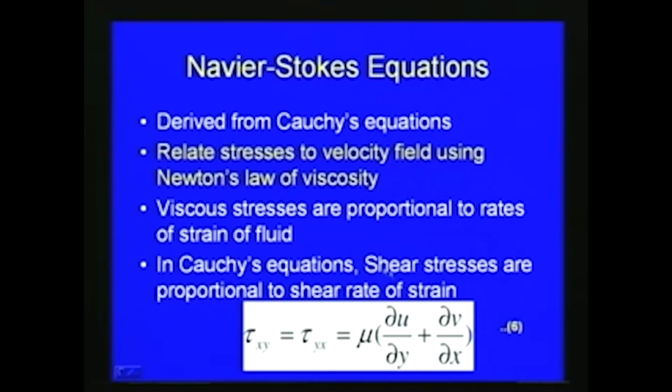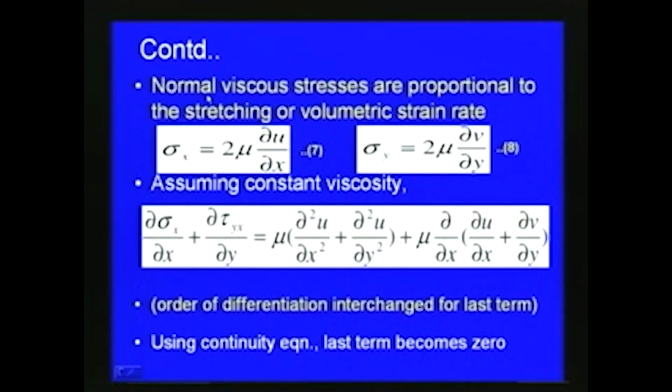So, in Cauchy's equation, the shear stresses are proportional to the shear rate of strain. So, we can write tau xy is equal to tau yx is equal to mu times del u by del y plus del v by del x. And also, if we consider the normal viscous stresses, we can assume in this particular case that they are proportional to the stretching or volumetric strain rate.